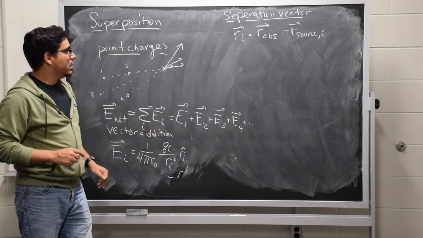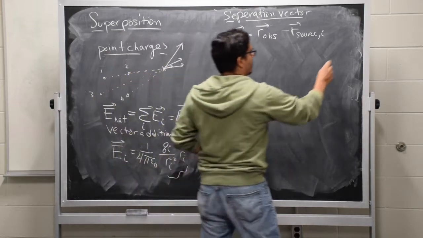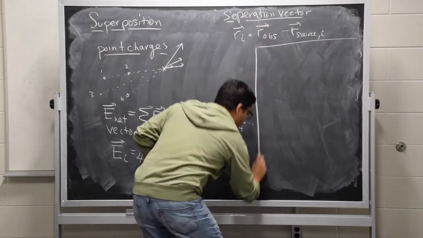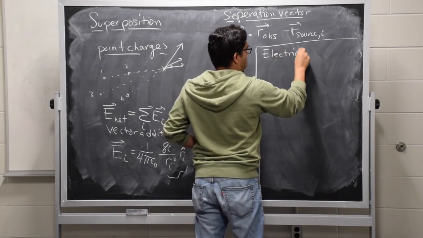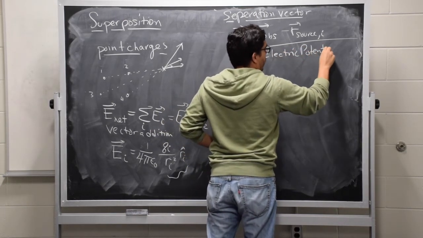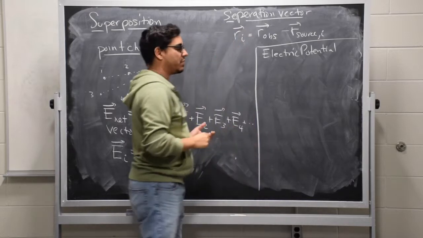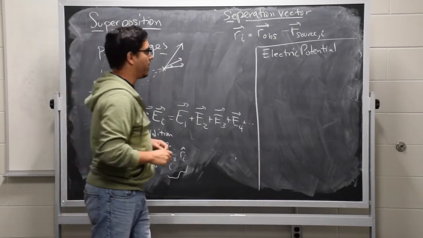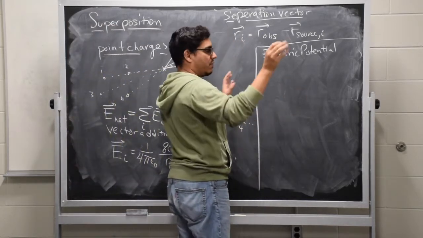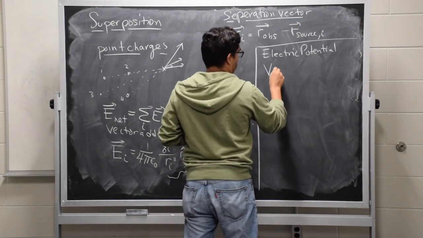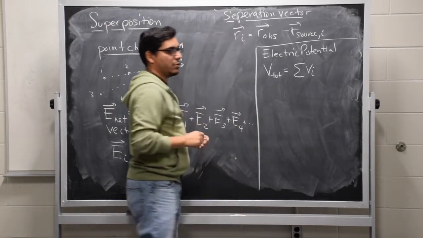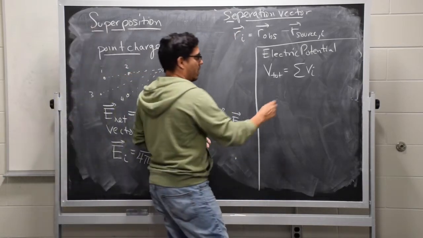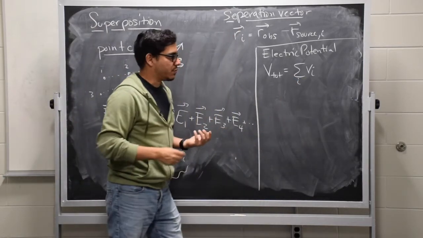Now, what's really nice about superposition is it not only works for electric field, but it also works for electric potential. So if instead I wanted to know what the total electric potential is at this particular location relative to infinitely far away, I can also add up the electric potential contributions due to each one of the charges that is producing an electric potential.